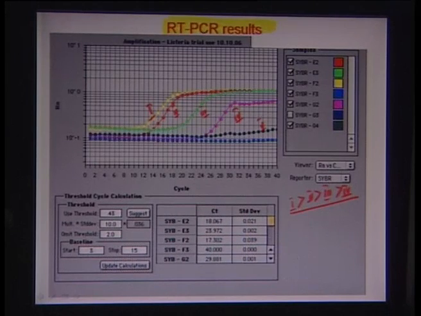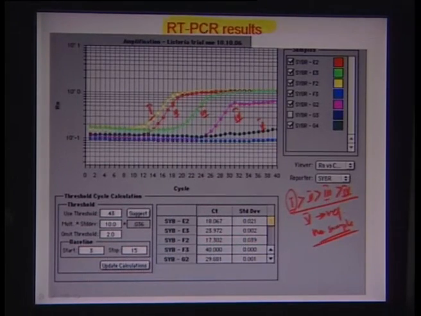So the first one has the highest template concentration, and the fourth one has the least. The fifth is essentially the reference, so this is no sample. There is no DNA to start with, just the other components in the reaction, and nothing gets amplified and nothing increases the fluorescence.